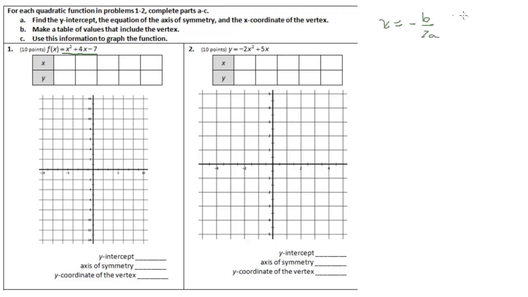And so b is equal to 4. a is equal to 1. And so the x-coordinate of the vertex is x equals -4 over 2 times 1. And that's -2.